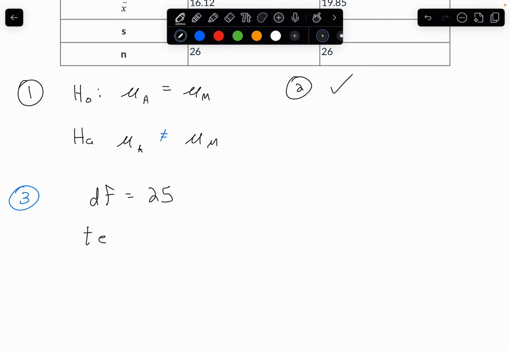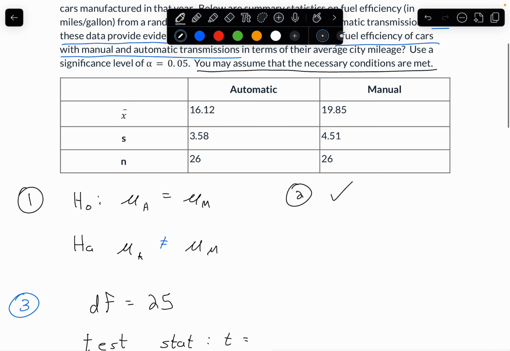That's all well and good. So we need to know what is our test statistic, which is, of course, going to be a t-value since we're working with the t-distribution. And then what is our p-value? And if we can find those two things, then we'll be set to move on to our next step in the process. So I'm going to label this out based on the way that I've constructed my null and alternative hypothesis.